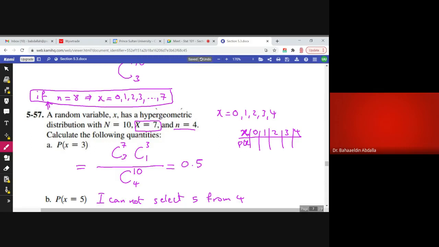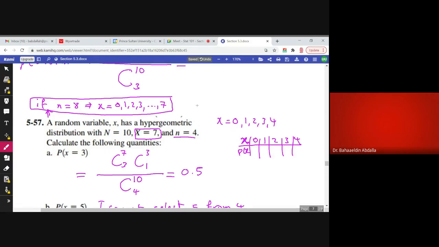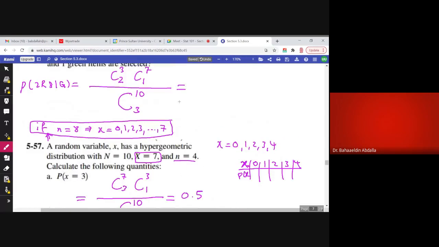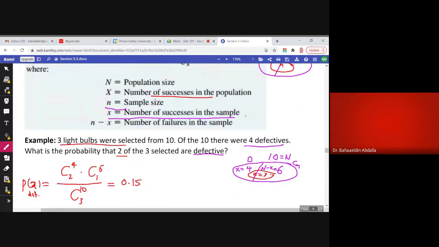So put in your mind that the values of x depend on small n and capital X. You can say that small x is 0, 1, up to d, where d is the minimum of capital X and small n.